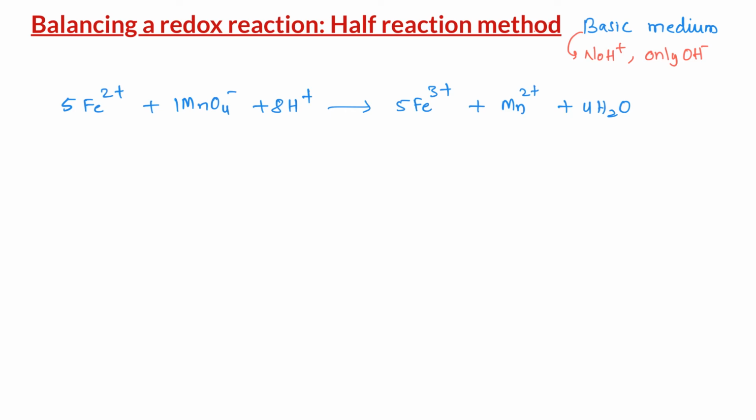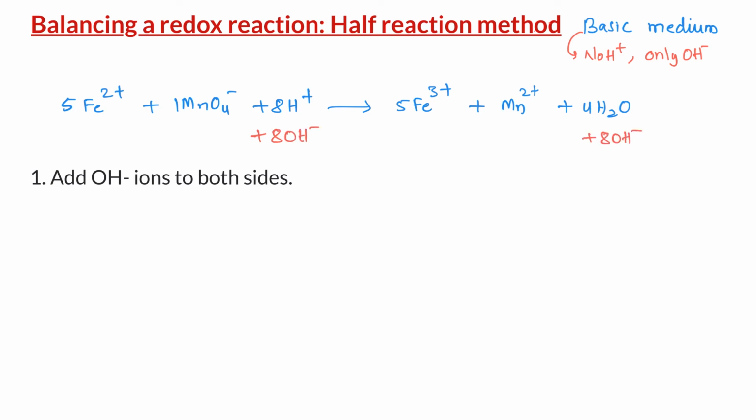So, we need to get rid of H+ ions. So, what we do is add OH- ions to both sides. In this case, we have 8 H+ ions. Therefore, I add 8 OH- ions on both sides.